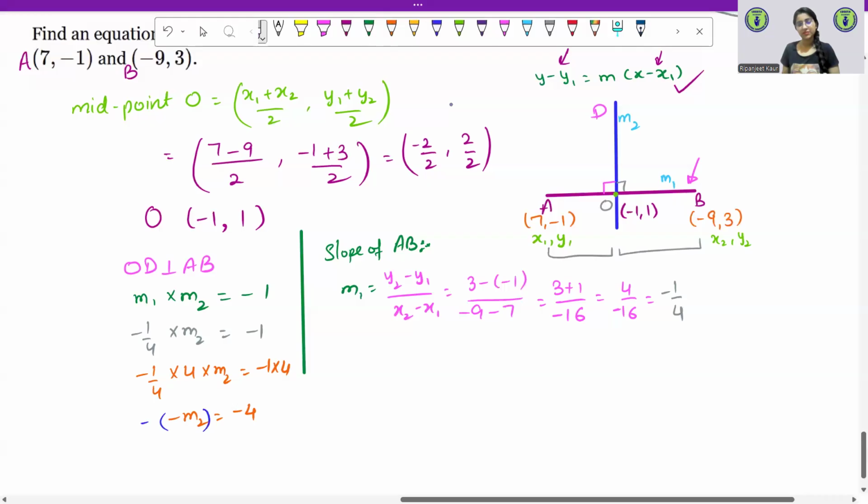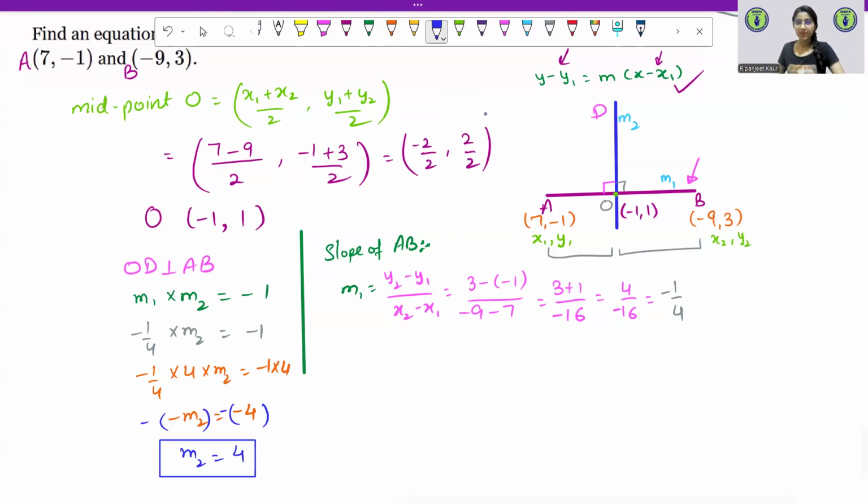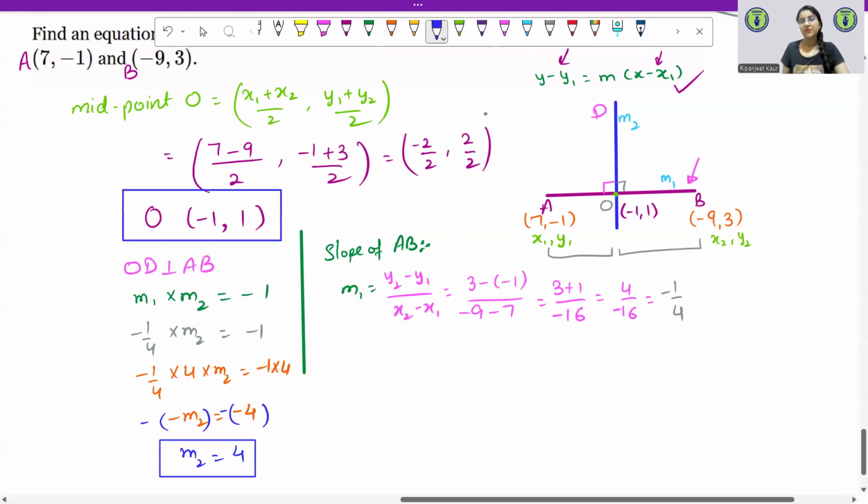It'll become a positive. Correct. So m2 is equal to 4. We got the slope for the blue line. We got the point for the blue line. Can we now apply the point slope form, which is this?